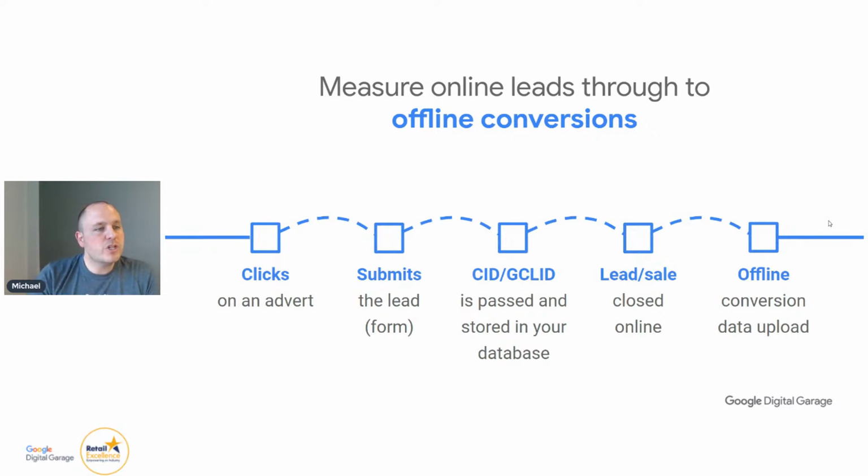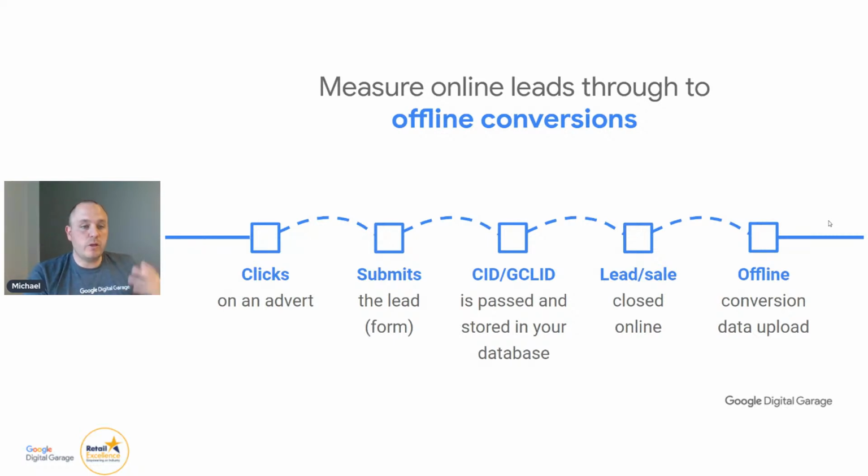So measure online leads through offline conversions. You can measure online leads through offline conversions now, okay? A user clicks on an ad and arrives on the site, okay? Whether a user submits a lead or a form, whether they've used one of the Google generated auto collection points, it might be passed on to your store and used in your database.